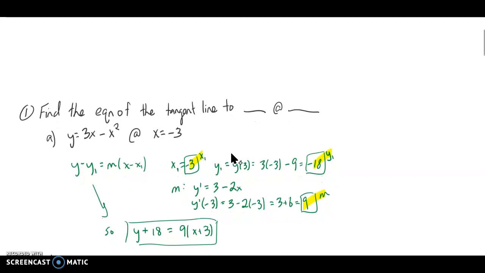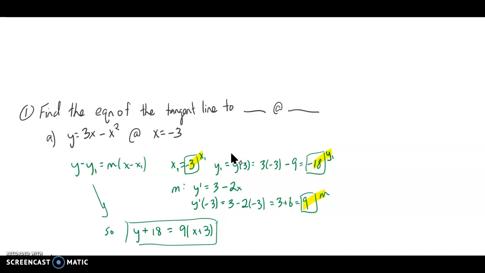I got y plus 18 is 9 times x plus 3. So how did I do that? Well, when I see a tangent line right there, I always think point slope. So y minus y1 equals m times x minus x1. From there, I identify that x1 is -3, so it's highlighted there.